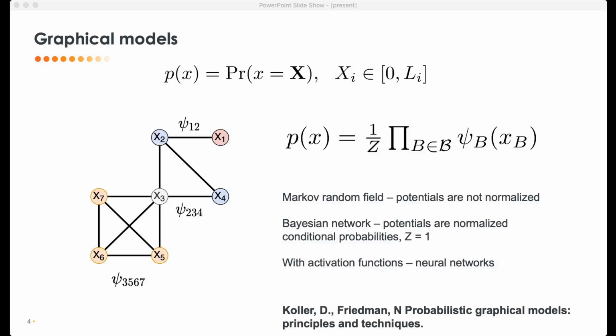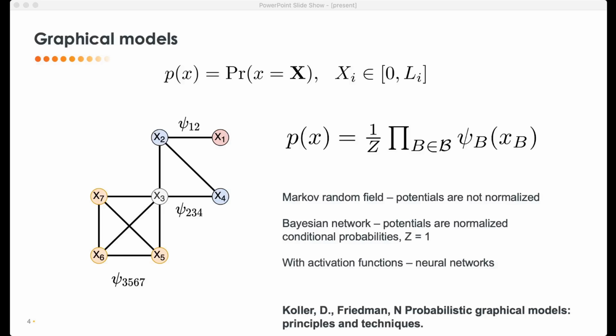These types of models are known as Markov random fields or Bayesian networks. In Markov random fields, the potentials may not be normalized. And to write down an exact joint distribution, you need to evaluate this constant Z, which is called partition function in physics.